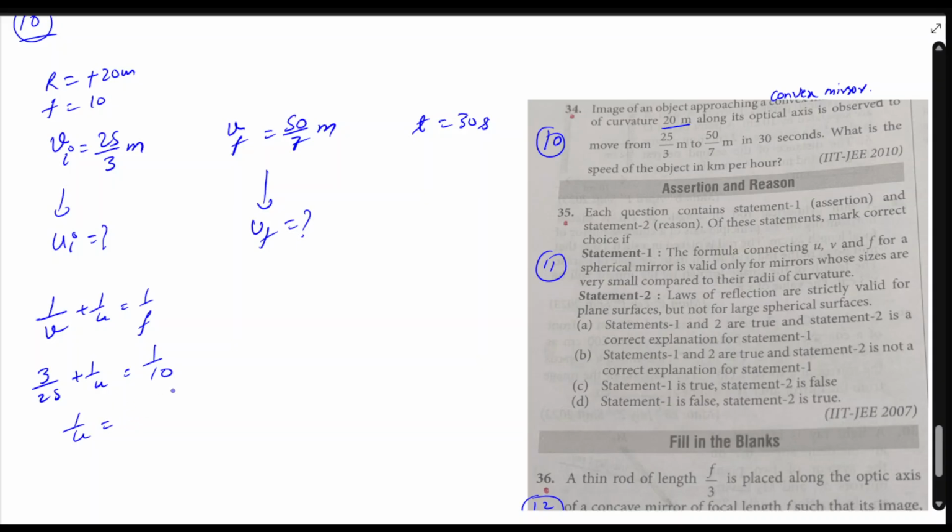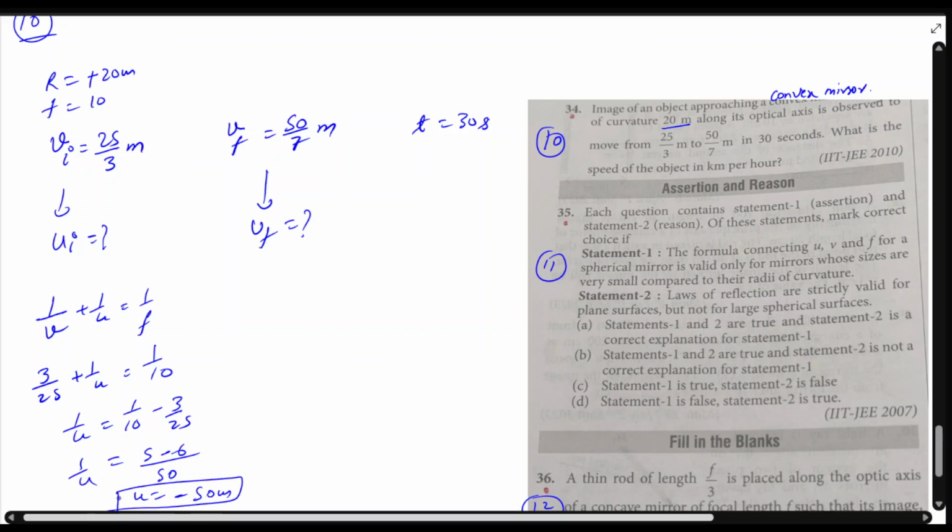So 1 by u will be 1 by 10 minus 3 by 25. The LCM will be 50, so this will be 5 minus 6. So u will be minus 50 meter, right? So this is u initial.